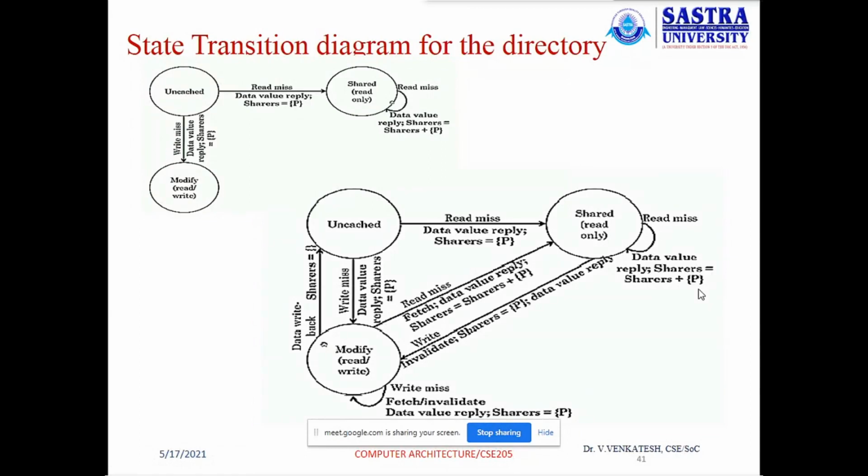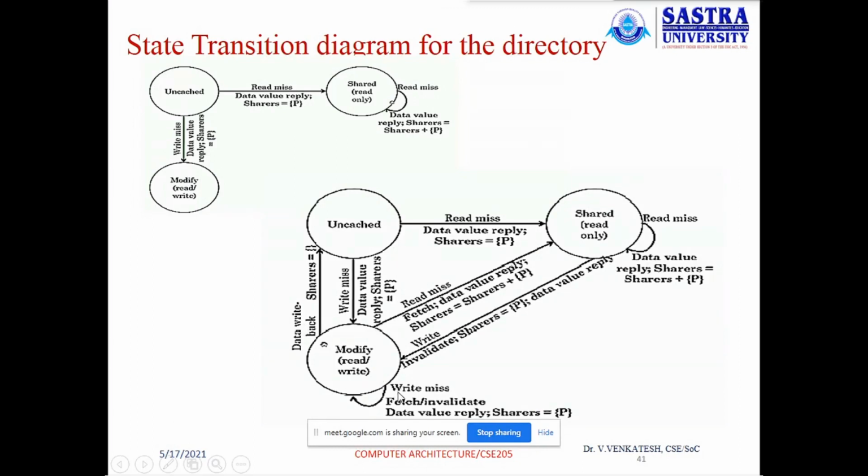Now we are going to go for the next thing, the write miss transaction. Whenever core one requests data, that is a write request. If core one issues a write transaction, it will check for a write miss. Here it will move to the modified state.